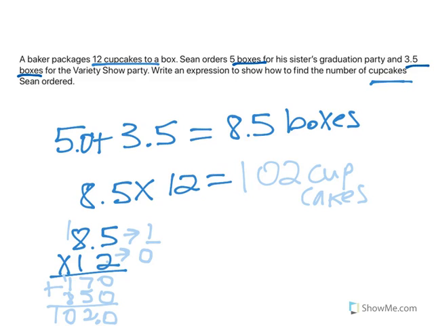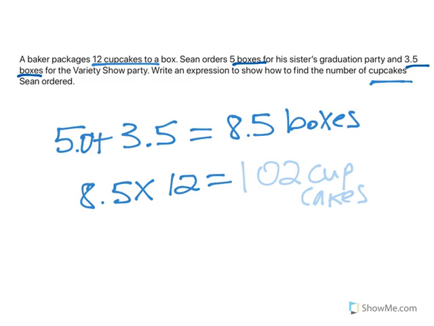Now, they were just asking us to write an expression. We just kind of took it. We're just overachievers, and we just went ahead and solved it. So if you'll notice, the first operation we had to do was add, and then we had to multiply.